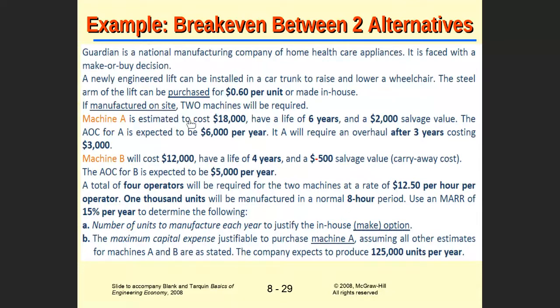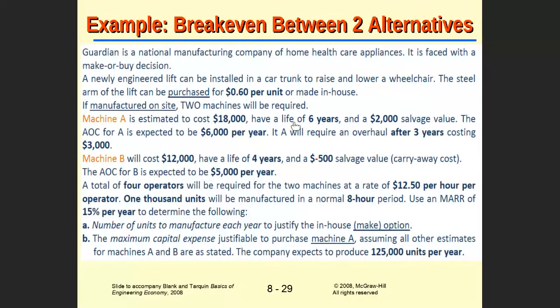The estimated cost for machine A is 18,000, the life is 6 years, it has a salvage value of 2,000, an annual operating cost of 6,000, and it will require an overhaul cost after 3 years costing $3,000. Given this information, the estimated cost is a present or initial cost, meaning the purchasing cost of this machine.